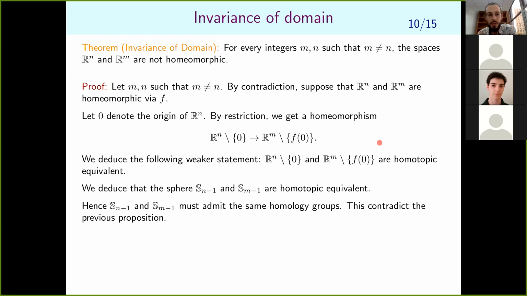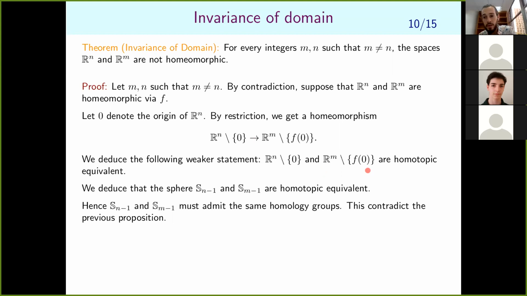Okay. And now we will do something a bit strange. We will use the weaker statement that they are homotopy equivalent. As we've seen before, if two spaces are homeomorphic, then they are homotopy equivalent. So we deduce that Rn without the origin and Rm without the image of the origin are homotopy equivalent.